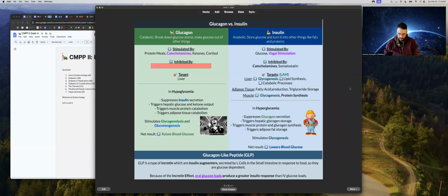What inhibits glucagon? What would say, hey, we don't need any more sugar, we have enough? Why is fasting not in stimulating?